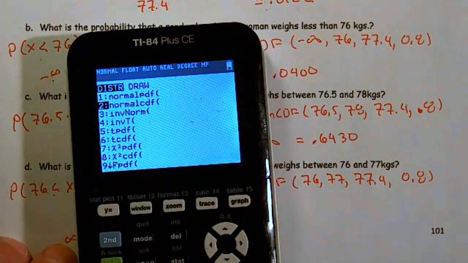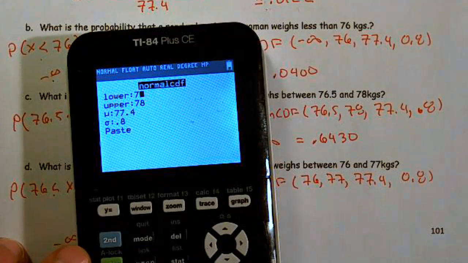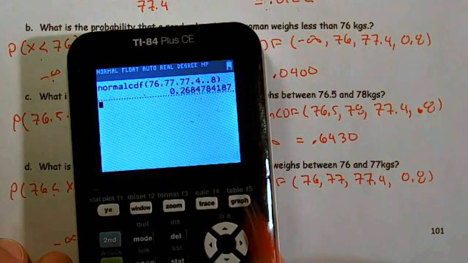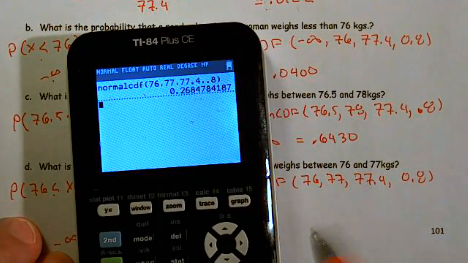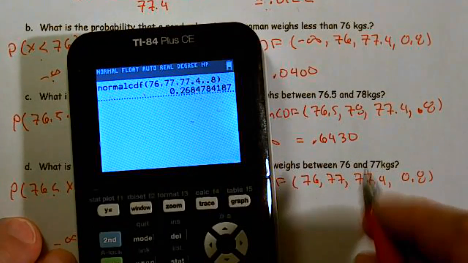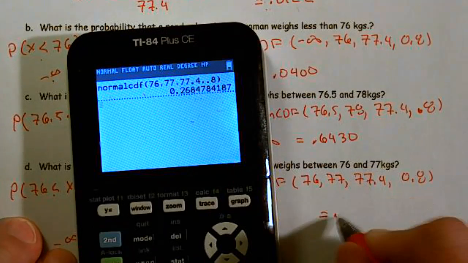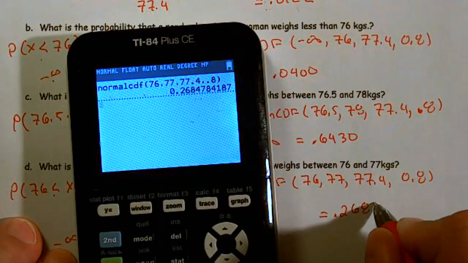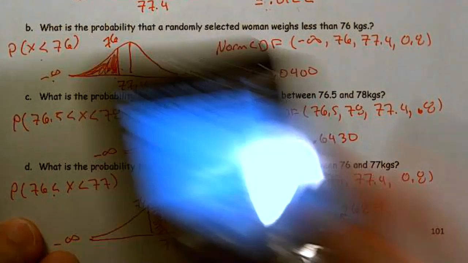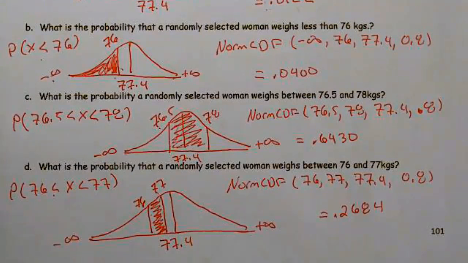Second vars, normal, CDF, 76, 77, 77.4, 0.8, and we end up getting 0.2684. No rounding, just 4 decimal places and cut it off.